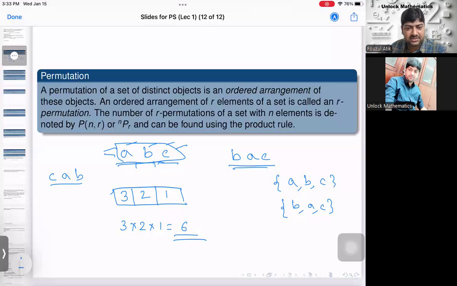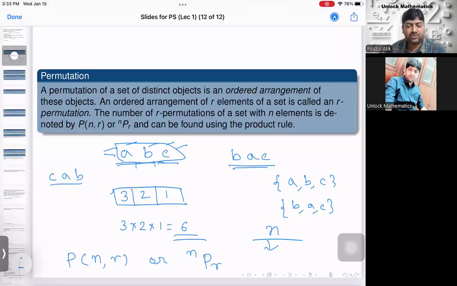Now, if you generalize this concept, and we have n number of objects, and we want to arrange r elements from these n objects, how many different ways can you do it? That is called the number of r-permutations, which you denote by P(n, r) or nPr.